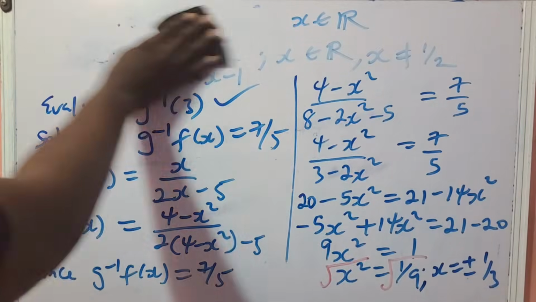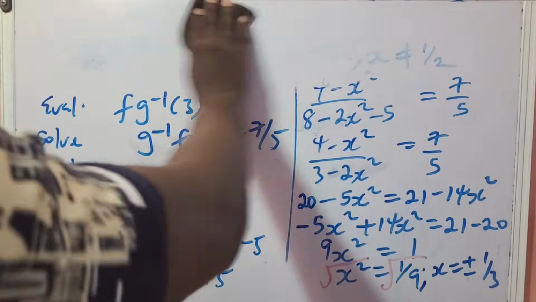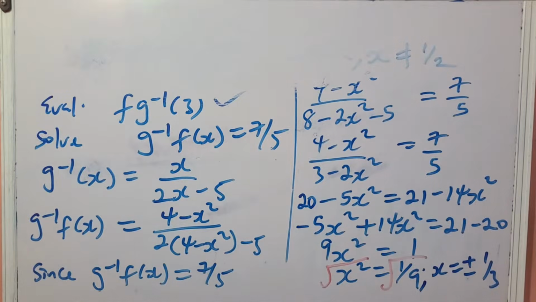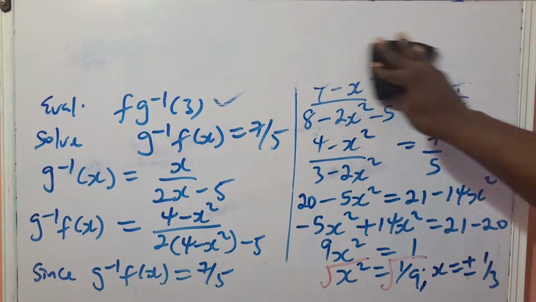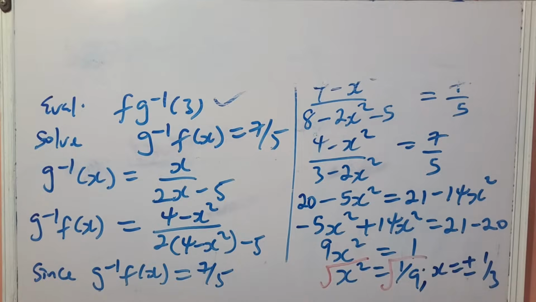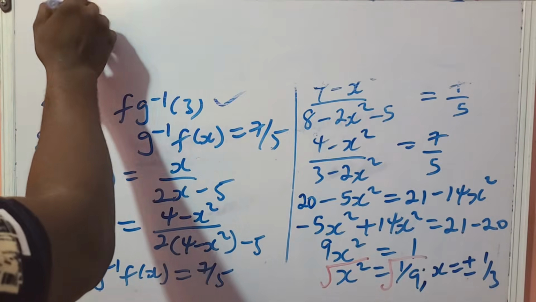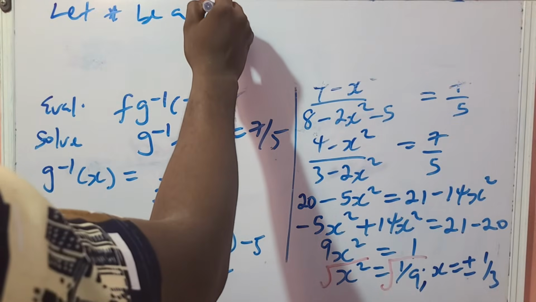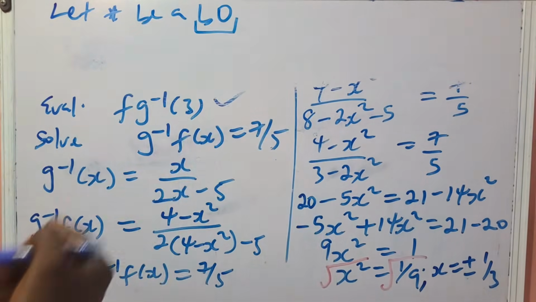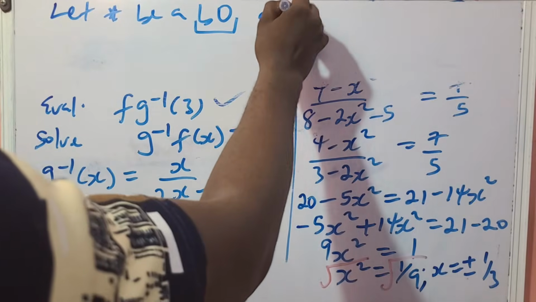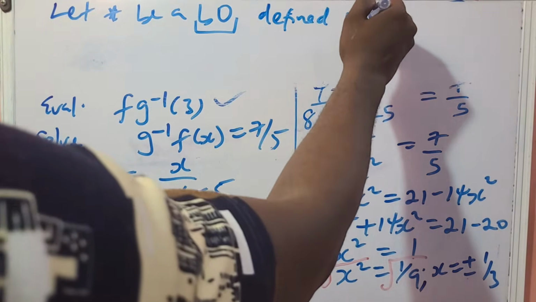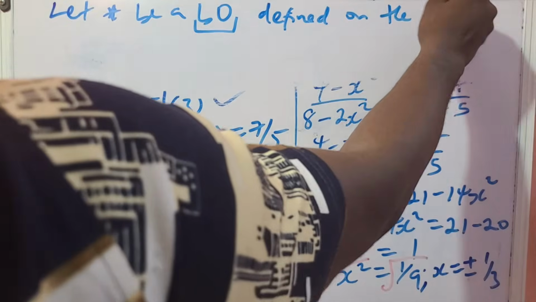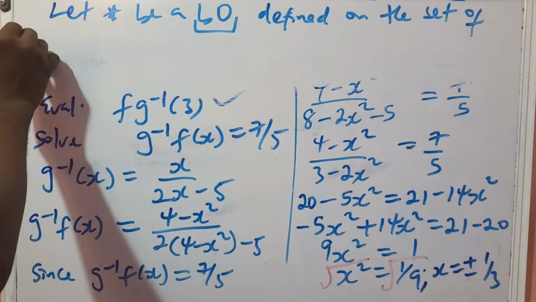I may not write the whole question in full, just in order to save time, so that we can solve more questions. So let star, in case you need to have it, let star be a binary operation. I'll write BO, you understand that's binary operation, all right? Defined on the set of positive rational numbers.